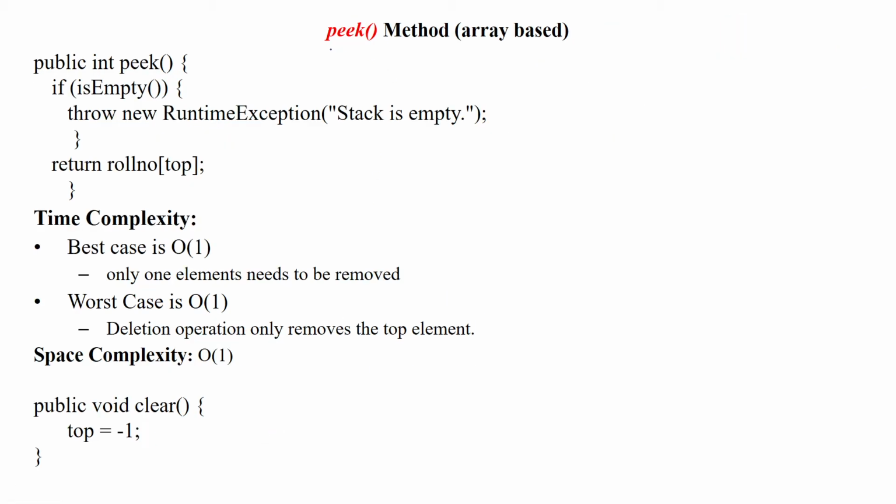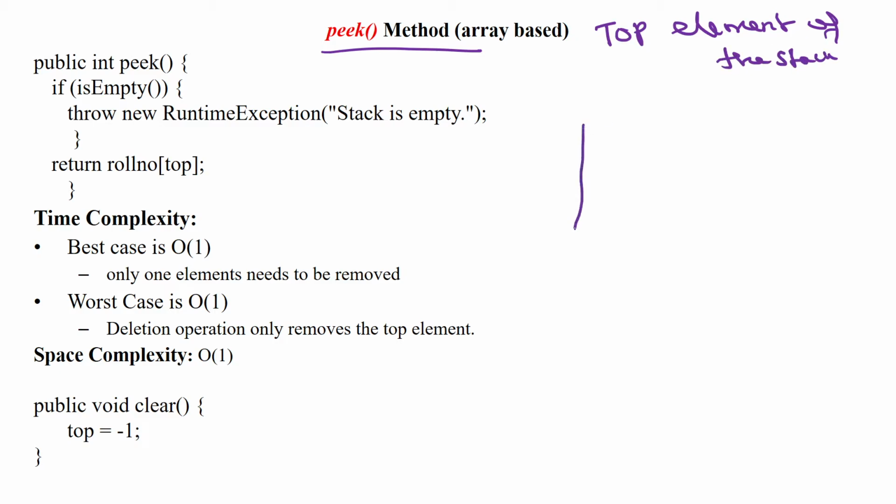And the peek operation is returning the top element of the stack. Suppose our stack is initially empty, the top will return -1. The -1 is beyond the first location of the stack.